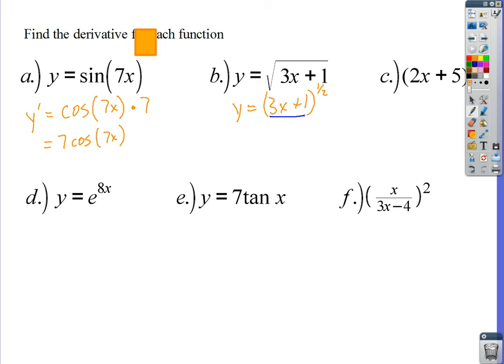So I cover that up, and now I do my power rule. I take the derivative: 1/2, leave the chocolate alone, 3x plus 1 to the, reduce my power, negative 1/2, times the derivative of my chocolate, 3.